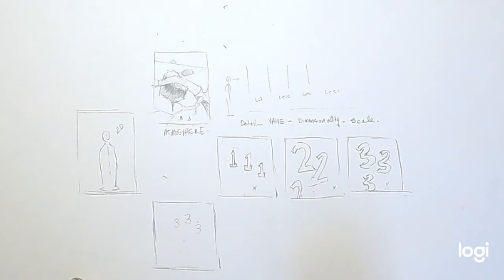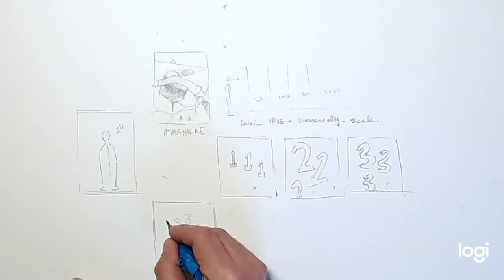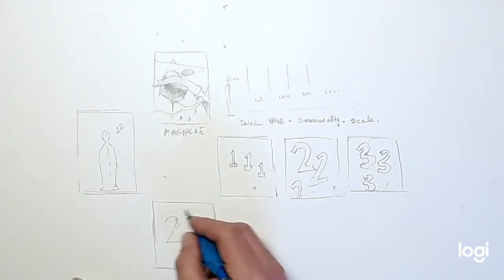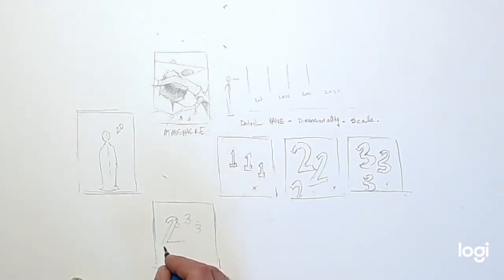And before I get too carried away, I'm going to start to introduce some twos. And so the twos could be like this. I could make the twos bigger. And I could start to introduce some dimensionality to the two.